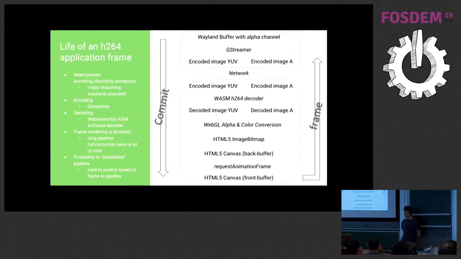They don't provide any callback of when a frame is ready to be displayed, or at least not in such a fine-grained solution. So I had to resort to a custom video decoder, and that's actually the WebAssembly H.264 decoder you see there. It's actually the Android H.264 decoding library. It's a simple C library actually, compiled to WebAssembly, and it's run inside your browser.